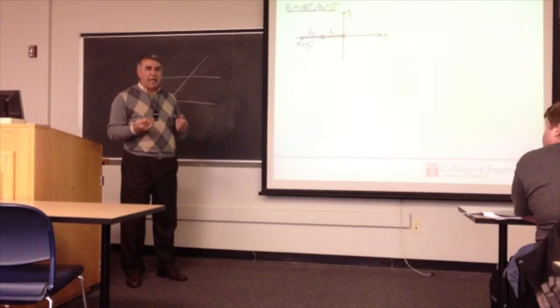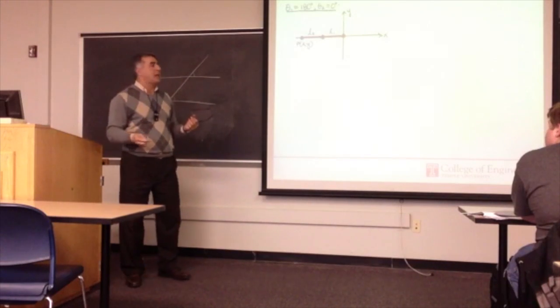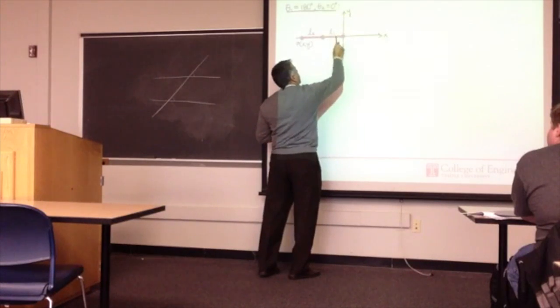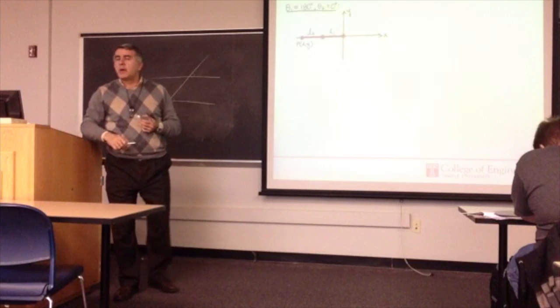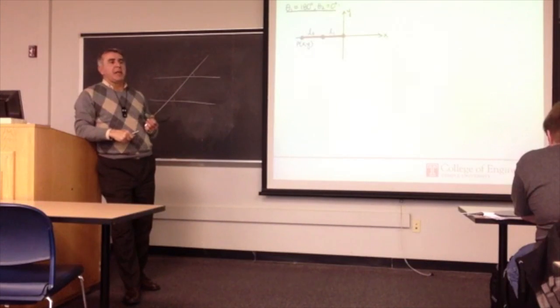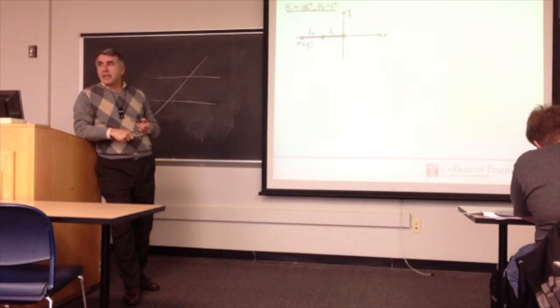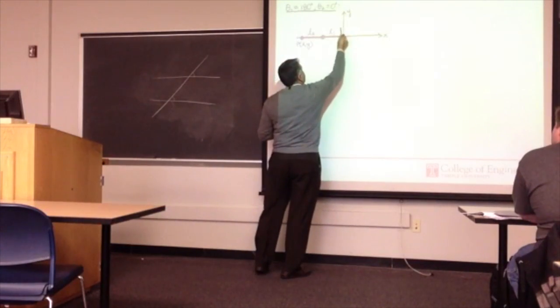Theta 1 is the angle the first link makes with the positive x-axis. In other words, this is theta 1. If I'm going in a counterclockwise direction, is that positive or negative? Counterclockwise is positive. Clockwise is negative, right? So this is theta 1.